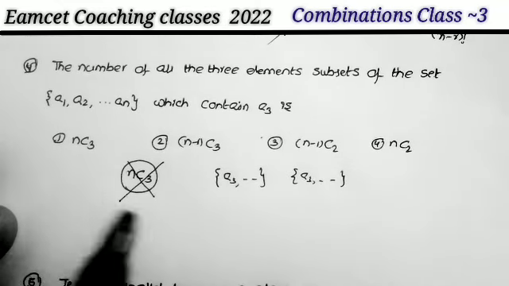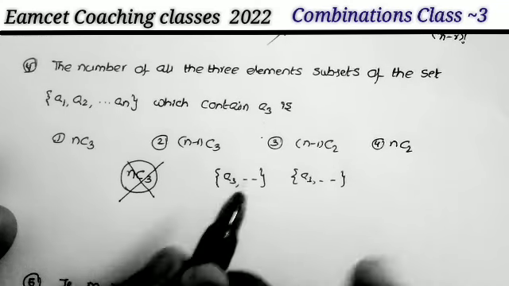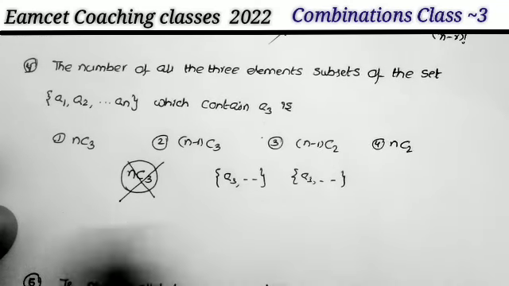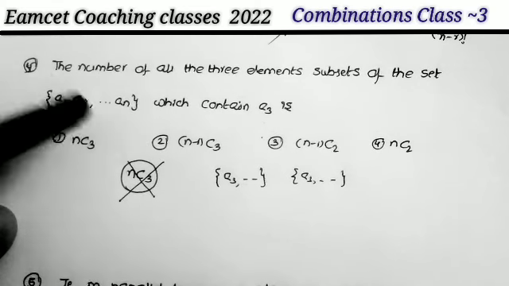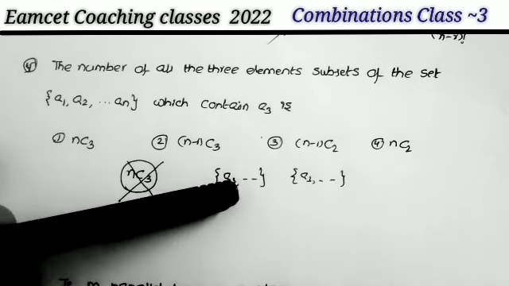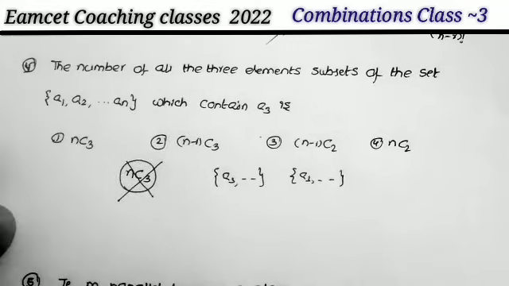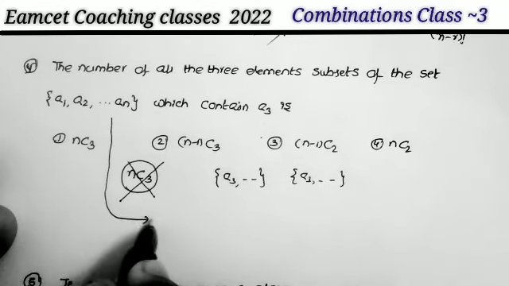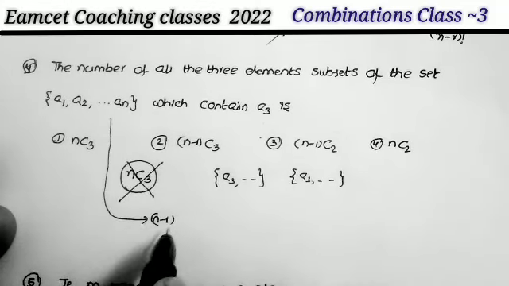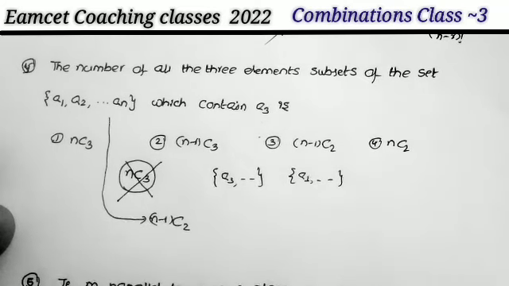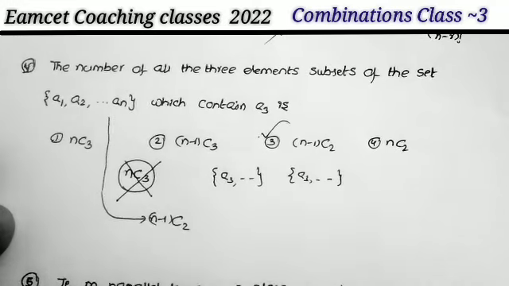Already one element is there, so it is enough to select only 2 elements from the remaining elements. Since A3 is already used, the remaining elements number n minus 1. So we have to select only 2 elements from the n minus 1 elements. That can be done in (n minus 1)C2.